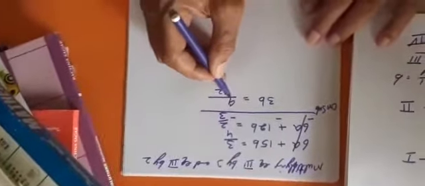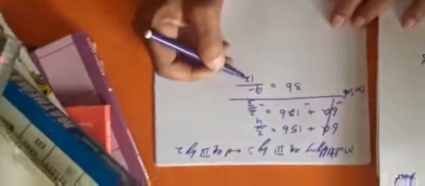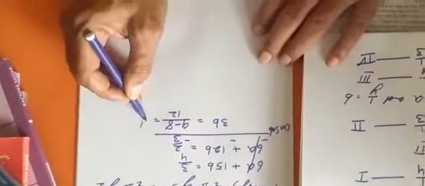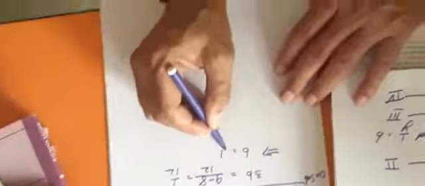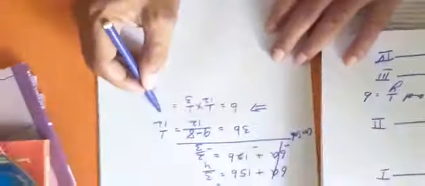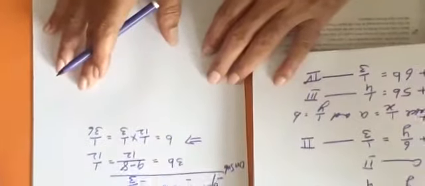This divided by 4 gives you 3, multiplied by 3 gives you 9, minus divided by 3 gives you 4, 4 2s are 8. So this gives you 1 upon 12. That means b is equal to 1 upon 12 into 1 upon 3, and you get 1 upon 36. See, this is the value of b.